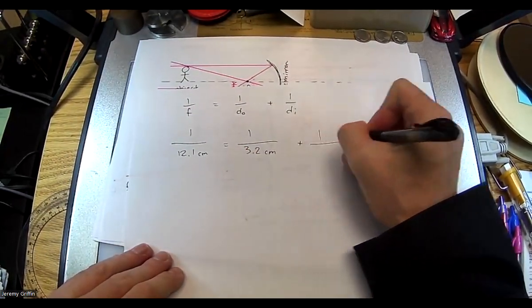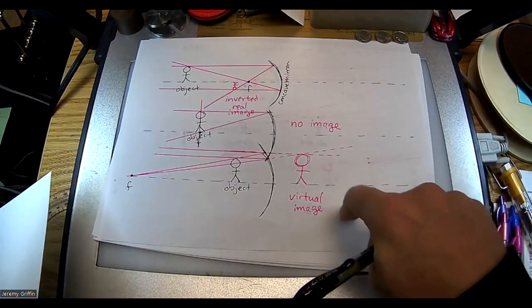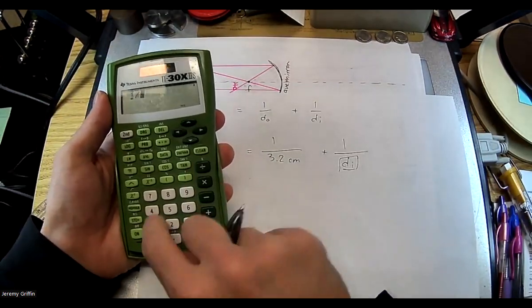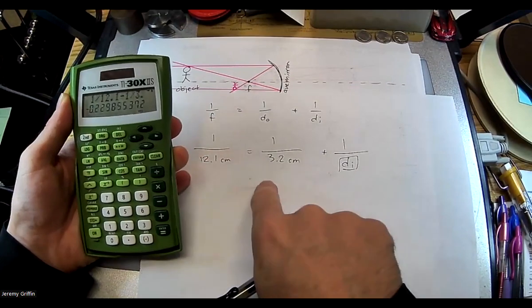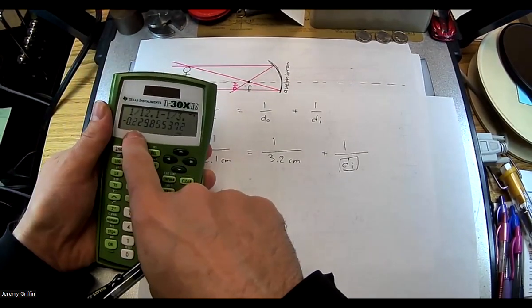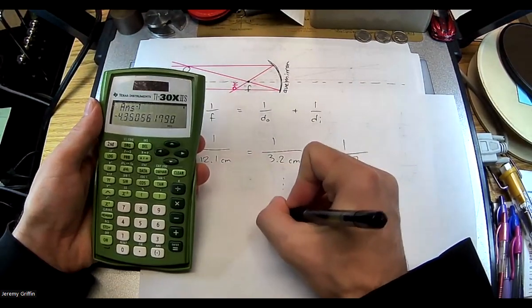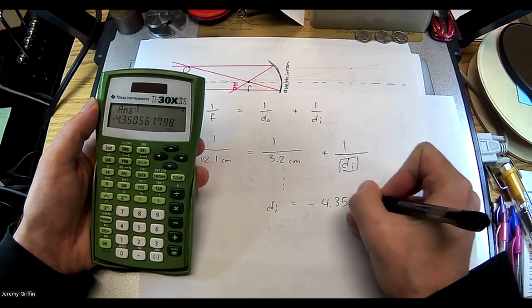Okay, let's see where the math says the image should have been. Hopefully I get a negative number because I'm seeing a virtual image show up in my ray diagram. So let's do 1 over 12.1 minus 1 over 3.2 equals, okay, some negative decimal. Then take the reciprocal. I'm getting distance image is negative 4.35 centimeters.